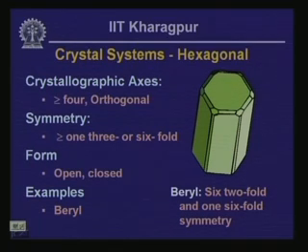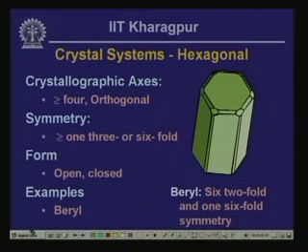First of all, let us discuss how the crystallographic axes in this case are going to orient with each other. This family requires at least 4 crystallographic axes. Let me consider the example given here, that of beryl.